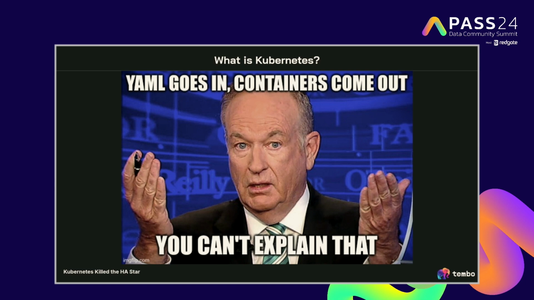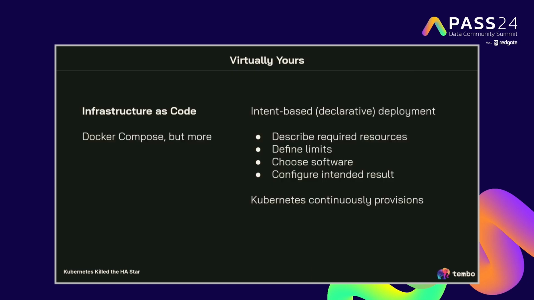So what is Kubernetes? It's intent. It's declarative. You tell it what to do, and it does it. You don't have to set up everything yourself. You say, I want this, and it says, okay, what should it look like? And then it just goes and does it. The whole point, and this is one of the reasons that Gabriele, the author of Cloud Native Postgres, sold me on this, is you don't have to do any of that stuff I described.